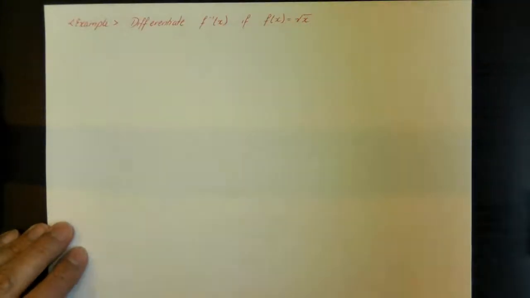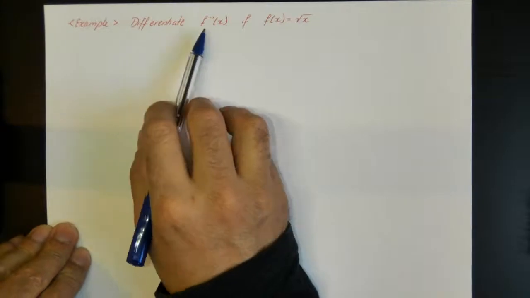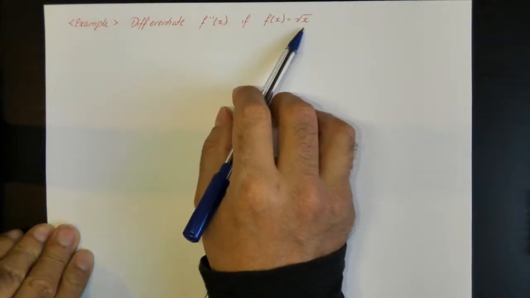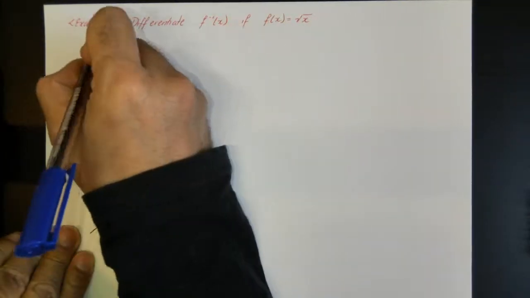Alright. Let's look at another example. Let's differentiate the inverse if f of x equals the square root of x.